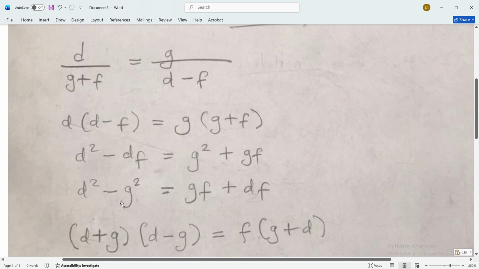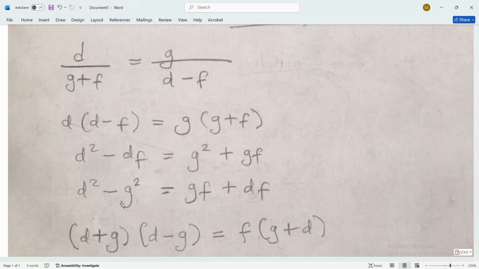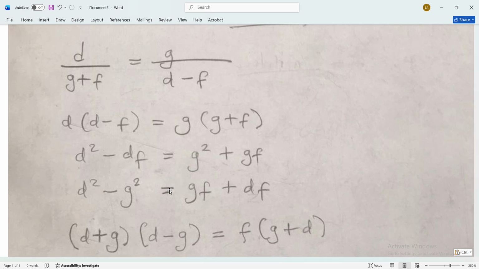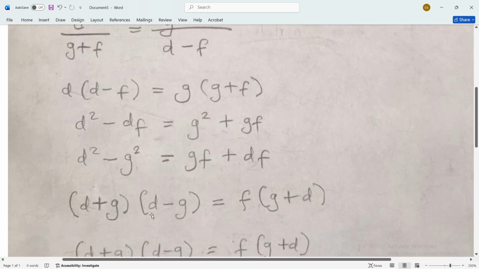You can take a piece of paper and solve it as I explained earlier, and you'll be able to understand why d square minus j square became all in brackets d plus j multiplying all in brackets d minus j.